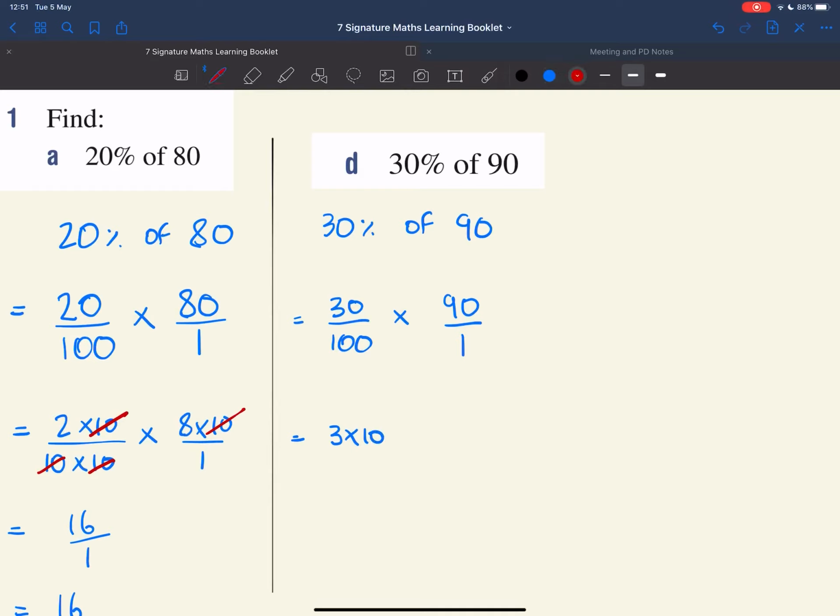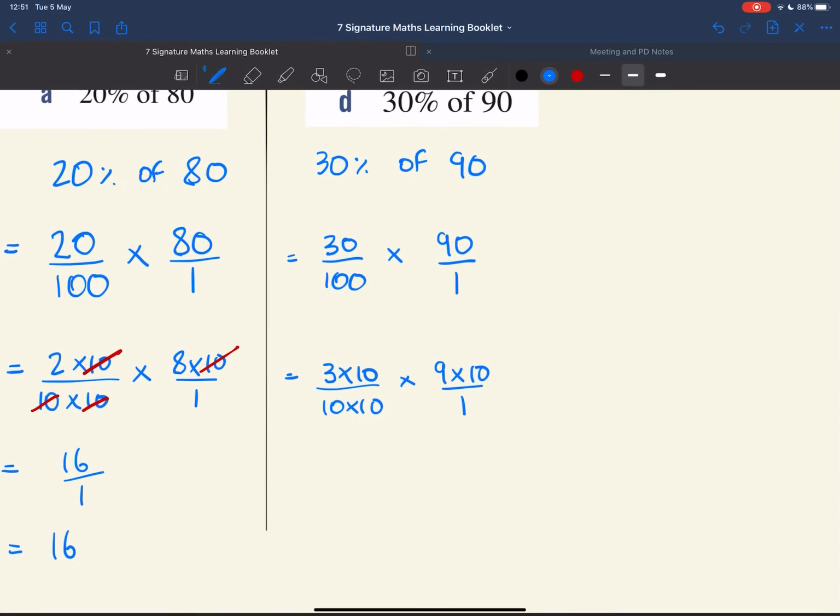And again, if you're thinking 6 times 5, because that's also 30, you can choose that. So 3 times 10 over 10 times 10 times 9 times 10 over 1. This part here is for that, this part here is for that, this part here is for that. And this part here, well, we can't break 1 anymore, so we're just going to leave it as a 1.